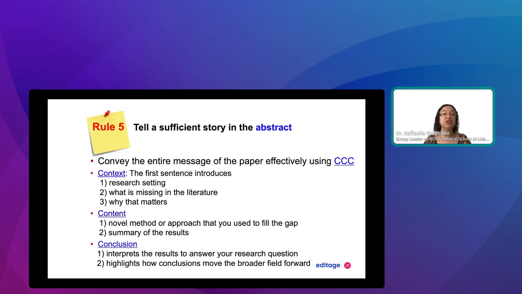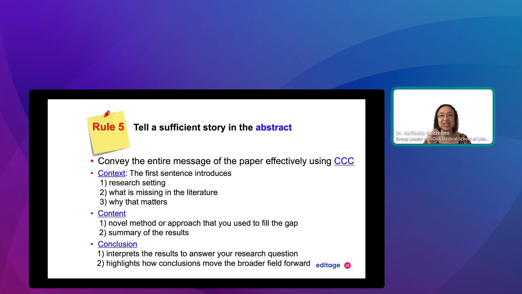In the context, you might write the research setting, introducing also the gaps that are in the literature, and why filling those gaps and providing the missing literature is something that matters. So in the content, describe very carefully the novel methods or the approach that you use to fill the gap, summarizing the results, okay?